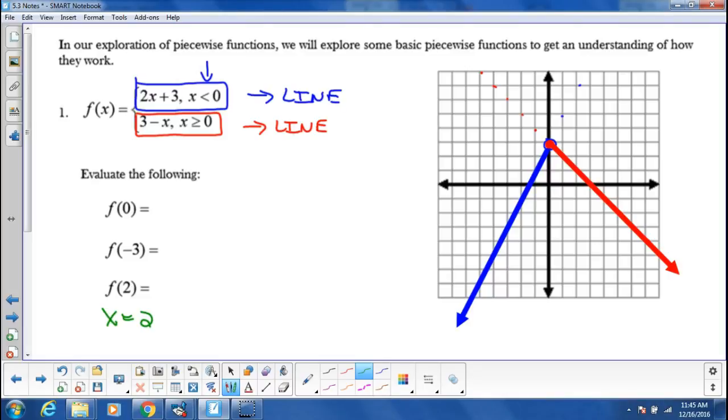So if I put 2 into the red part, what do I get? Three minus 2 is 1. So f of 2 is equal to 1.